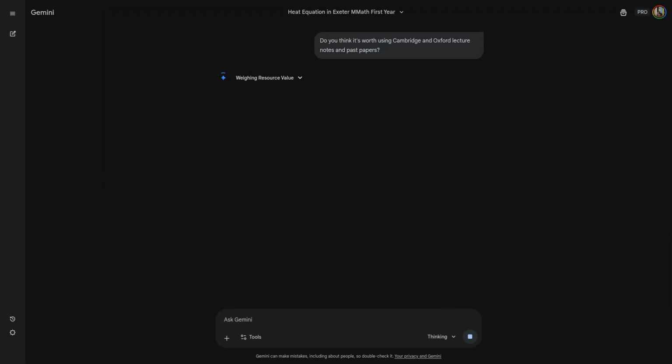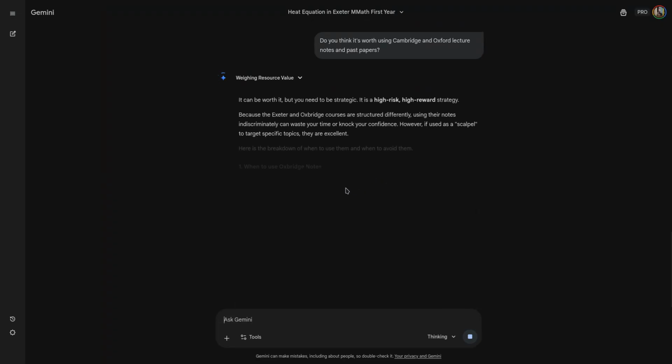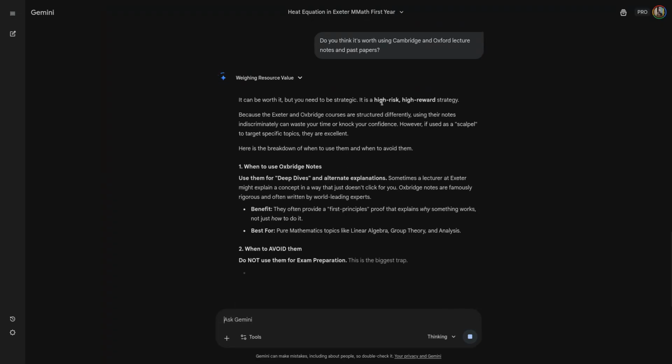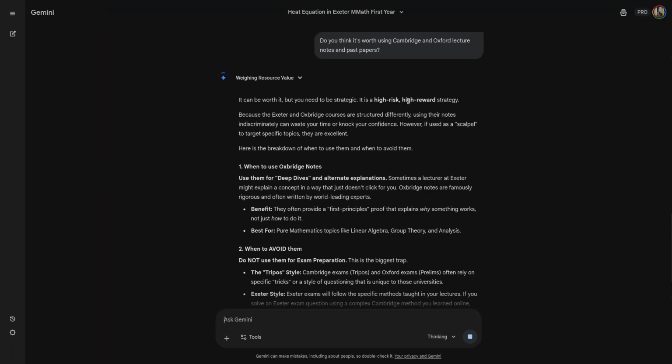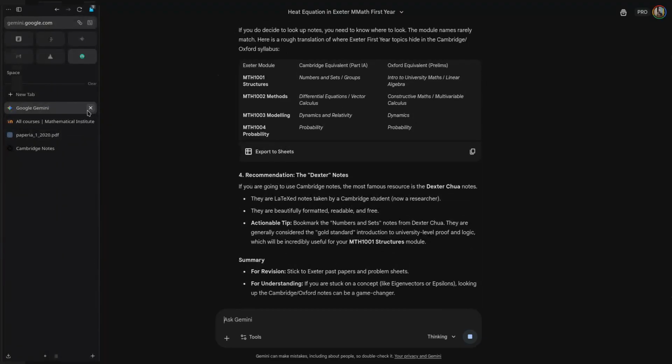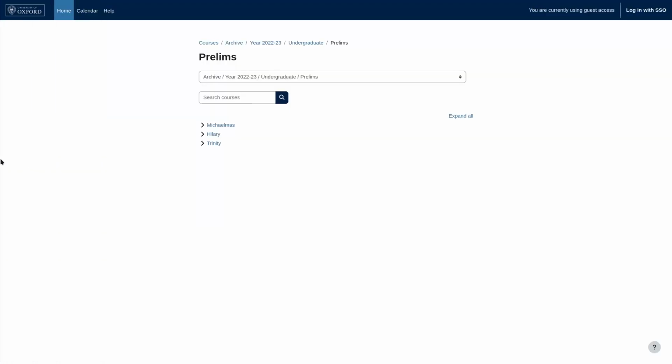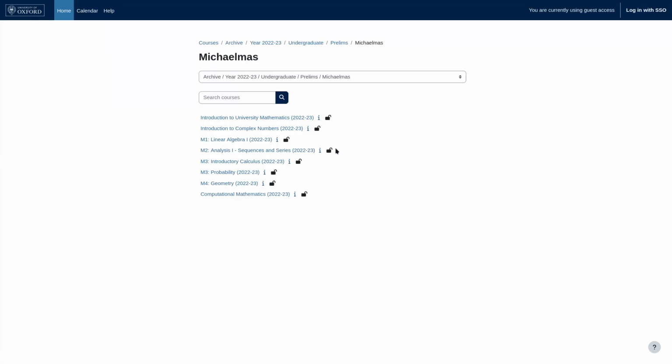Nice. Risk, yeah. High risk, high reward strategy because Cambridge and Oxford are different in the notes. Yeah, that's what I expected. I would still recommend using these lecture notes though.